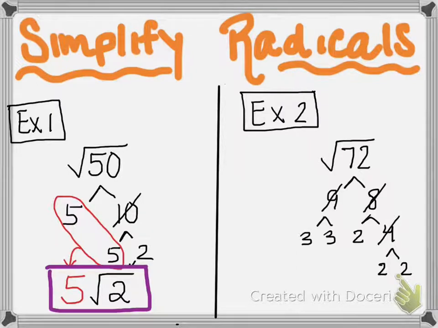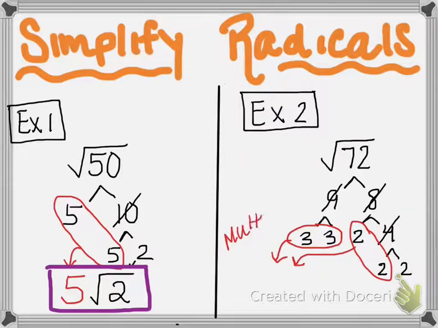So this time I have a pair of 3s, and I also have a pair of 2s. So remember that numbers that have pairs can go on the outside of the radical. So when we have a 3 and a 2 together, we're going to multiply them. So I'm going to write that out so you remember that.